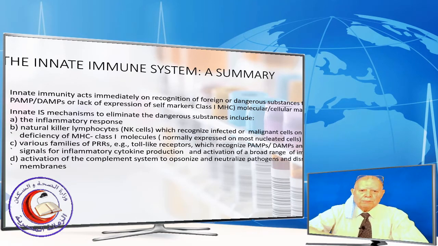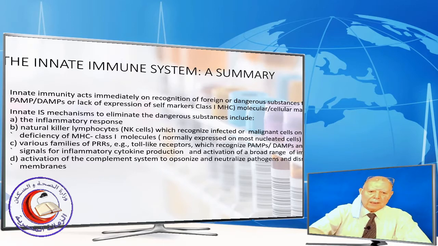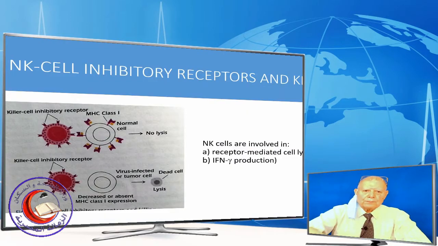Innate immune system mechanisms to eliminate the dangerous substances include the inflammatory response, the natural killer lymphocytes attacking cells with deficient expression of self markers, various families of pathogen or pattern recognition receptors, and activation of the complement system to opsonize, neutralize, or disrupt cell membranes.